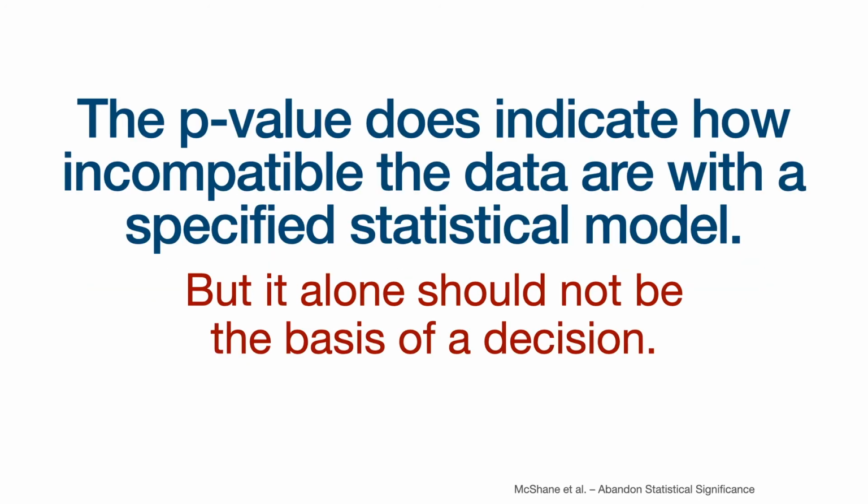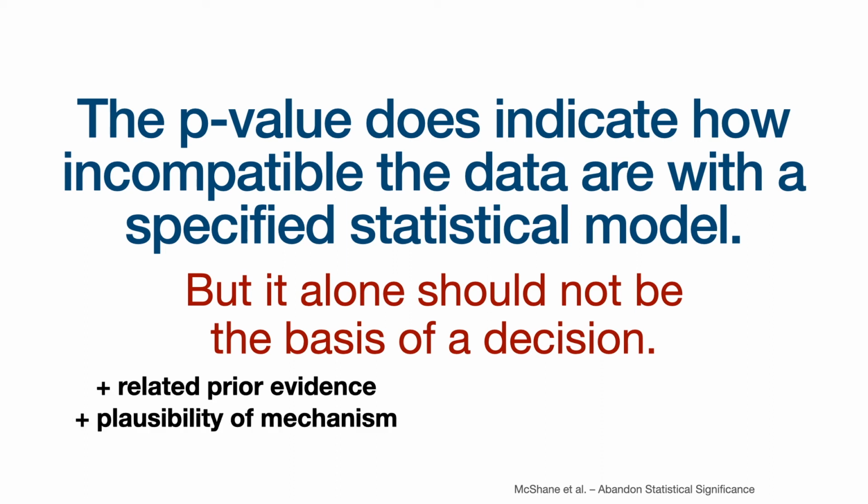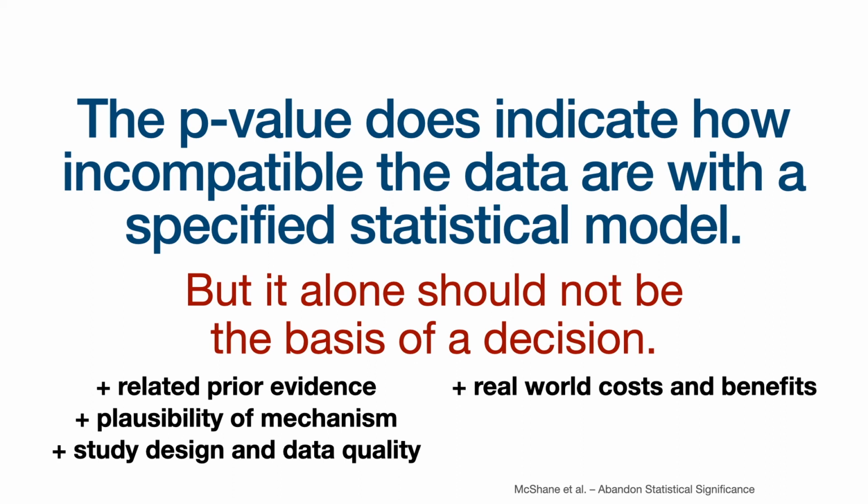The p-value does indicate how incompatible the data are with a specified statistical model, but it alone should not be the basis of a decision. Undervalued factors are the related prior evidence, the plausibility of mechanism, study design and data quality, real-world costs and benefits, novelty of finding, and other factors that vary by research domain.